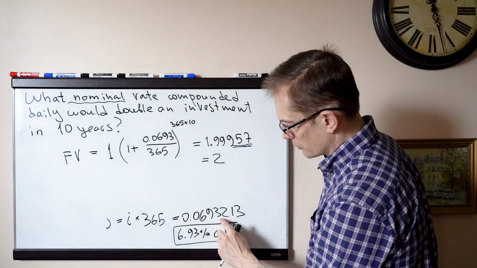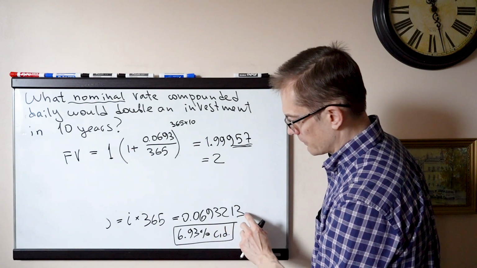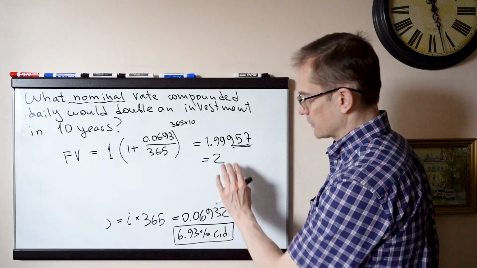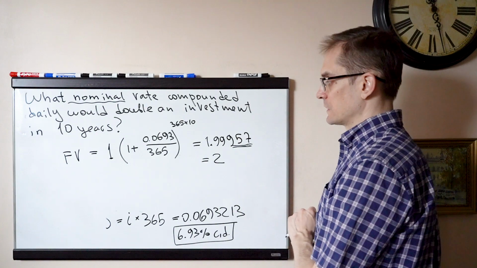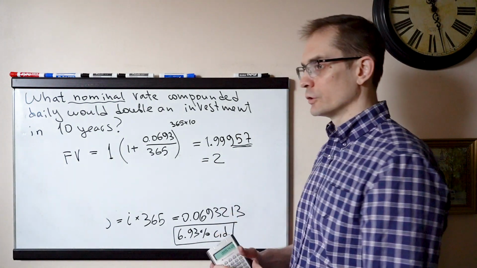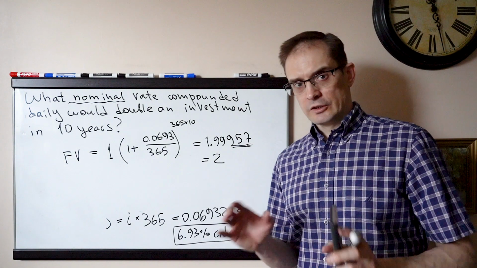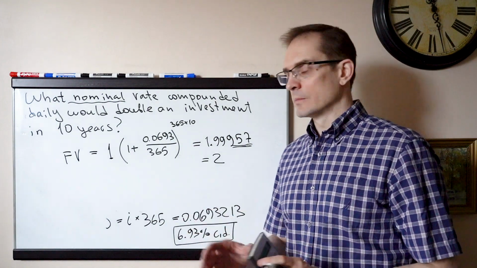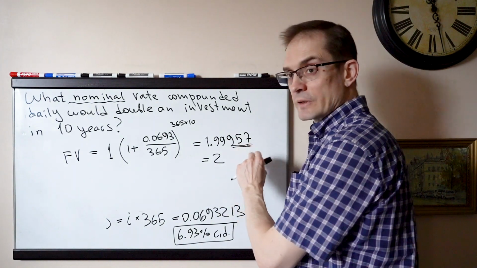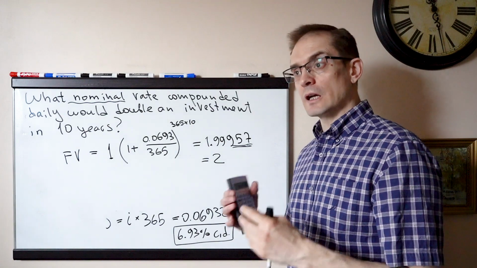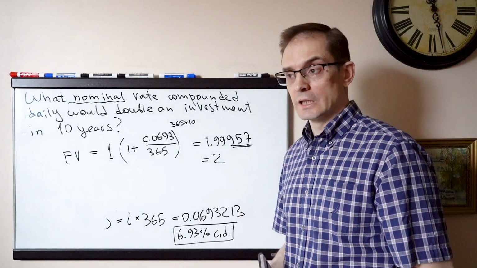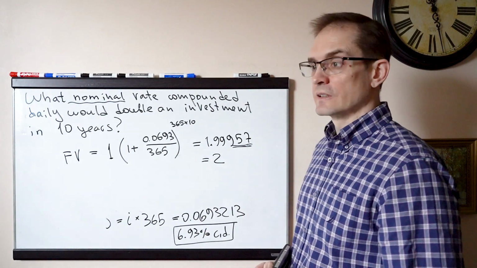So here you see I dropped 213, for example, and that also contributed to the discrepancy. But even if you don't round at all, you will still experience some discrepancy when you check, because even the calculator has to round internally. But that discrepancy is negligible.